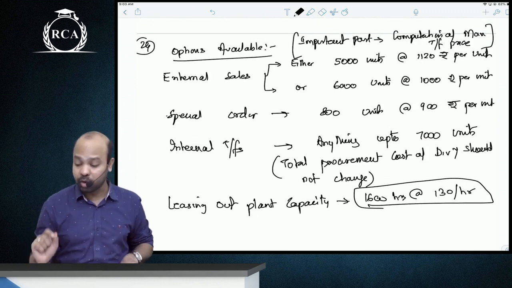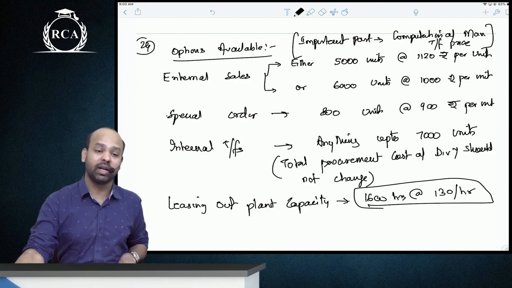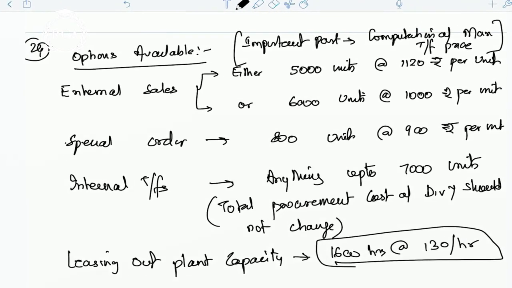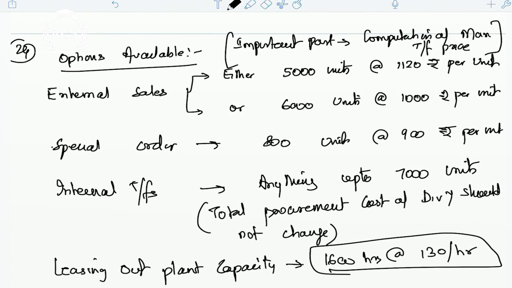Yes, sir. Copy all of these alternatives. I'm going to give you that explanation in detail. Beta, first copy all of these details.